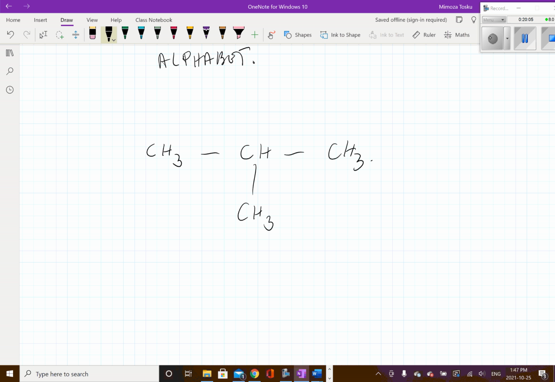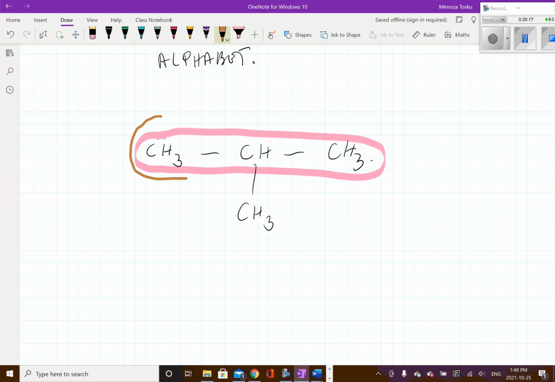So now the longest chain is, you can say this one here, or you can say this one here. The chain doesn't have to be straight. They are all three, so the chain doesn't have to be straight. I will keep this one here for simplicity.